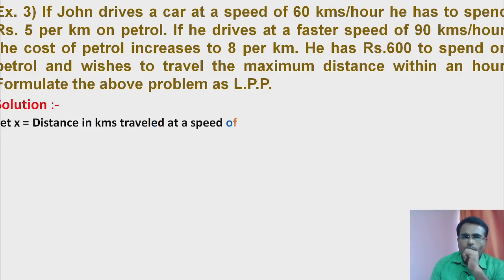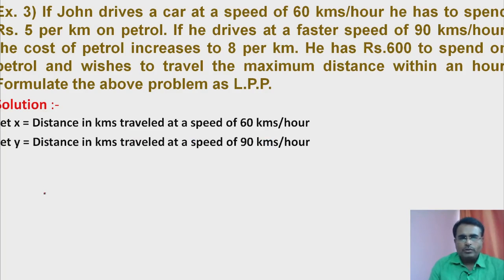Here we start with: let x denote the distance in kilometers traveled at the speed of 60 kilometers per hour, and let y denote the distance in kilometers traveled at the speed of 90 kilometers per hour.